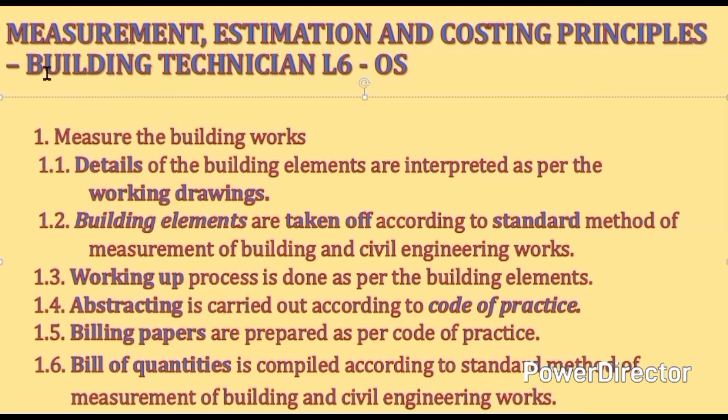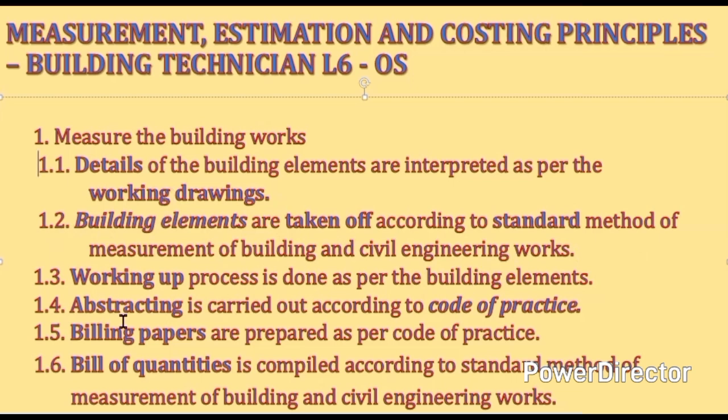For you as a trainee to do measurement, estimation and costing, and any other person in the field, I've borrowed guidance from the Building Technician Level 6 OS, where element 1 is measure the building works. Sub element 1.1 is details of building elements are interpreted as per the working drawings. 1.2 is building elements are taken off according to standard methods of measurement of building and civil engineering works.